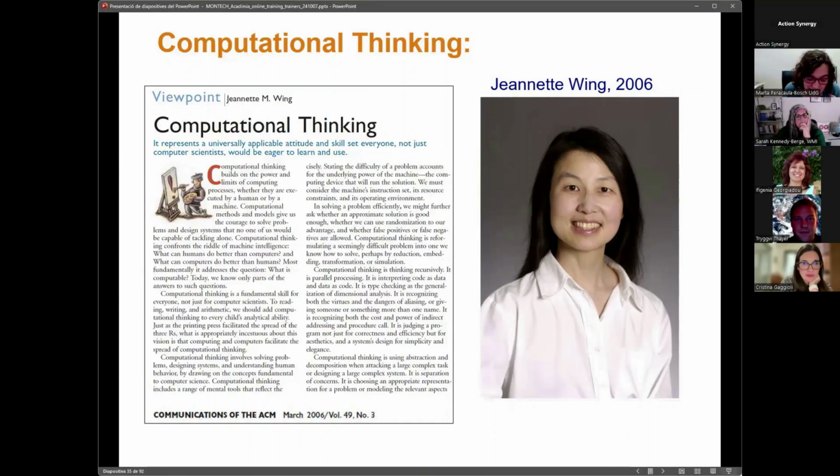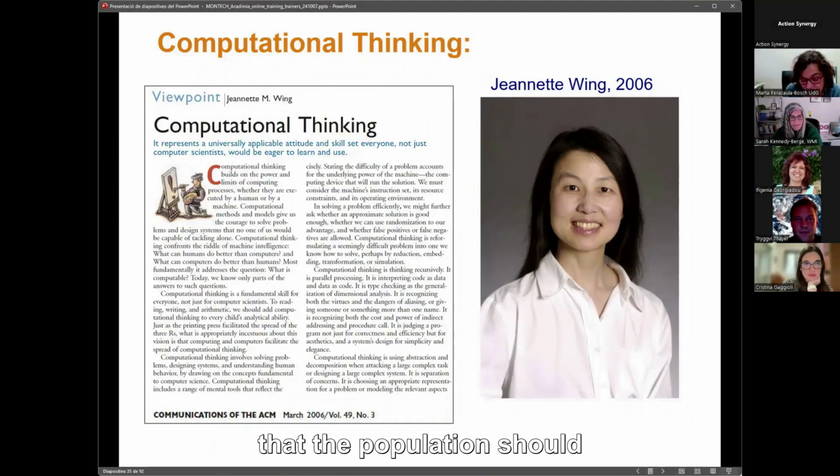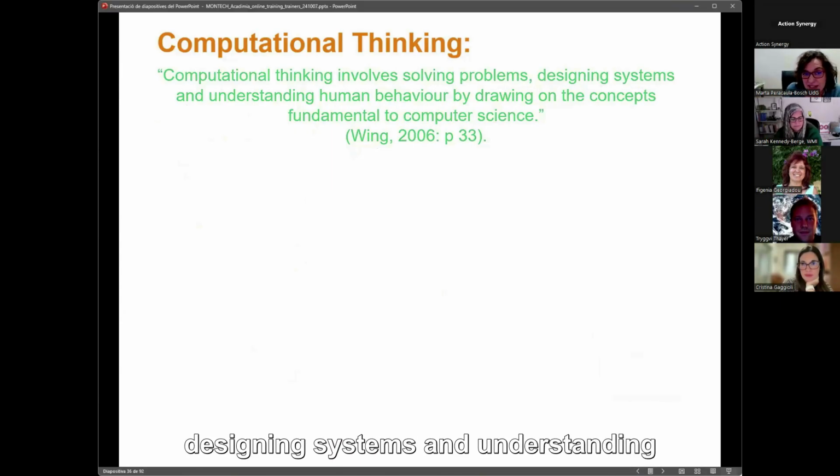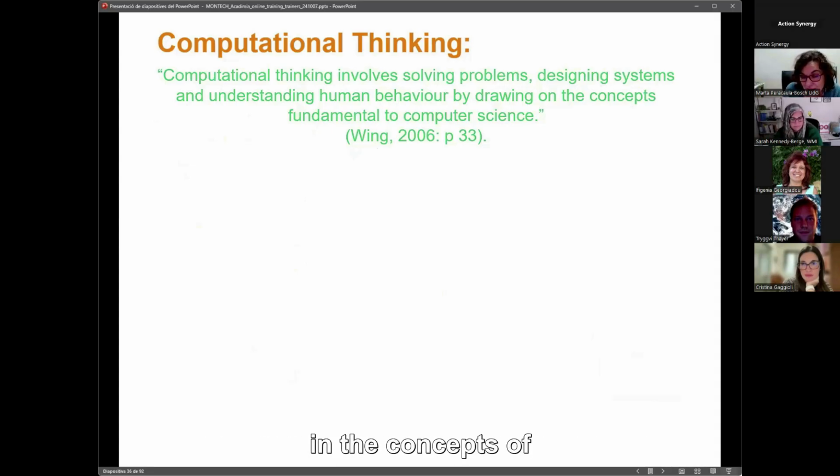She was saying it's a literacy, like music literacy or writing literacy, another literacy that the population should have, because it involves solving problems, designing systems, and understanding human behavior by drawing on the concepts fundamental to computer science.